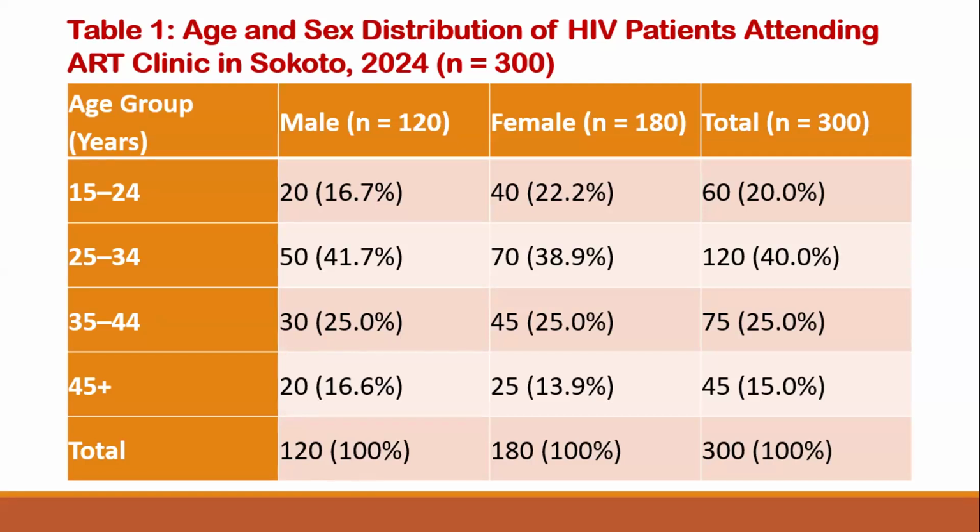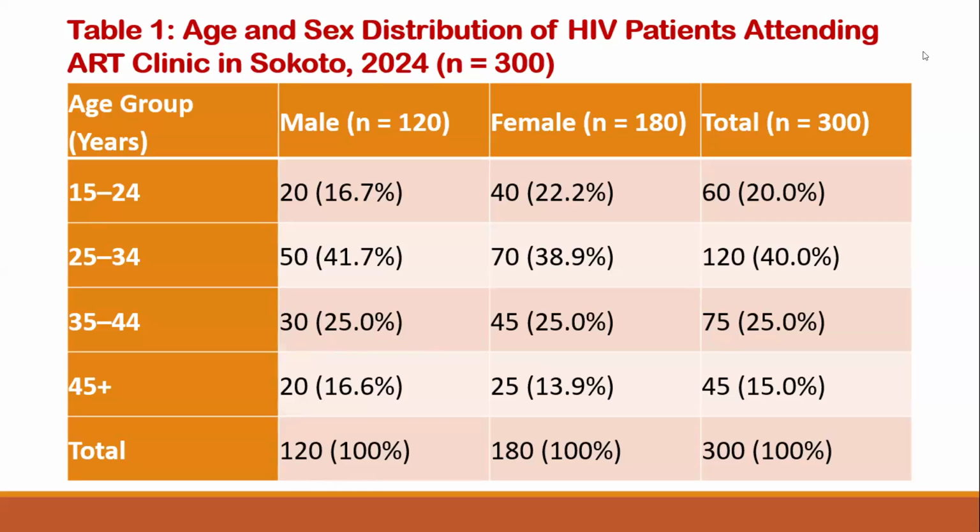You see male, they are 120, while female, they are 180, then total 300. You see for the rows, we have row number 1, 15 to 24, 25 to 34, 35 to 44, and up to the end. So this is the example of a simple table.